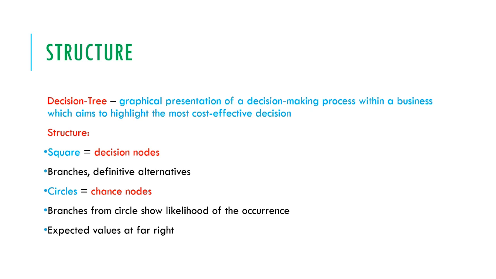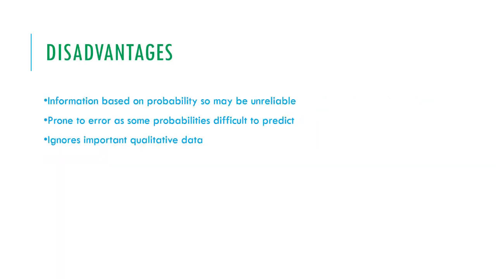For example, you'll have a square node with two lines coming from it giving you two options, and those lines go to circles. Each circle is essentially the project, and the lines coming from it are all the different possible outcomes and the probability of each happening. Your expected values will be at the far right. So let's see what they actually look like.